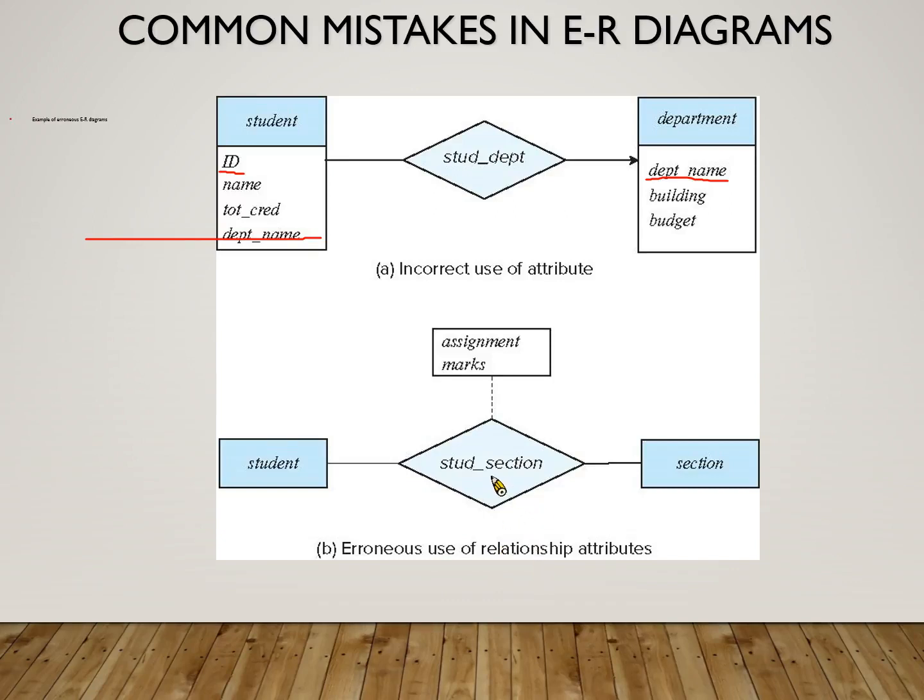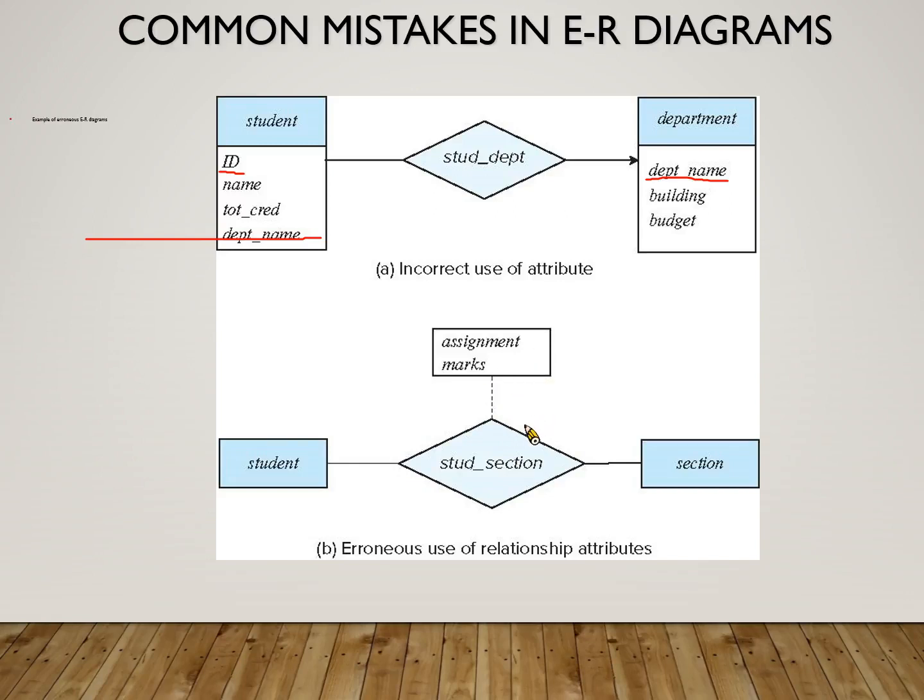In these examples, the many-to-many relationship student section connects the entity sets of students and the session. These relationships have an attribute called assignment marks, which contains multiple meanings.